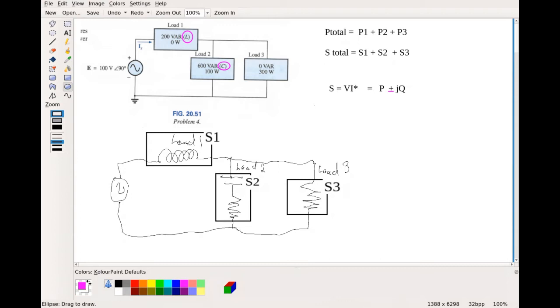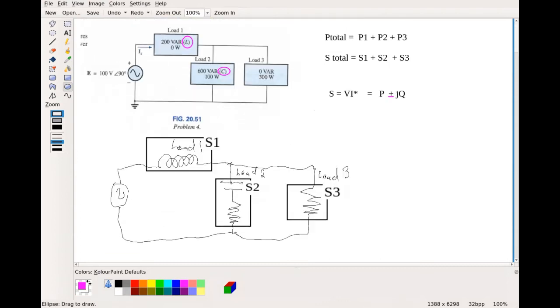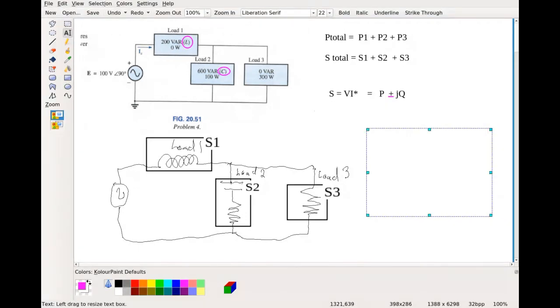So to find the total current, we're basically looking at this equation: voltage times the current gives us the apparent power. They give us S1, S2, S3, and we just have to add those together.